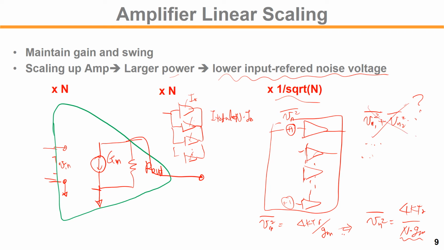So if you convert that into RMS, the Vn RMS would be root n times smaller than the original RMS level.